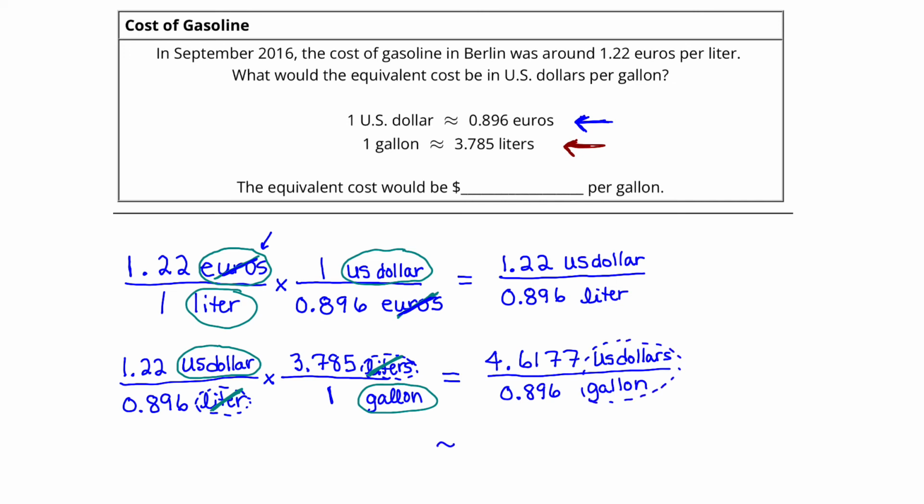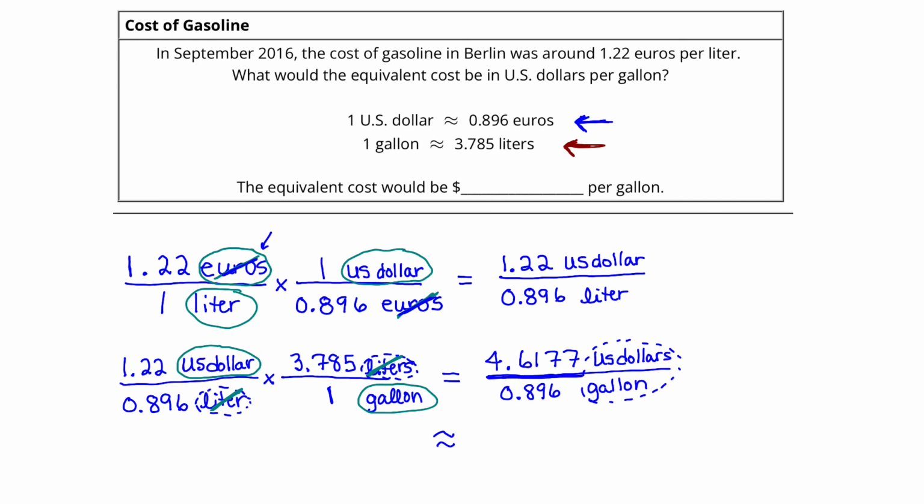So the very last step now is to use a calculator and divide. I'm going to take my 4.6177 and divide that by 0.896. How do I know division? Because, right, this symbol here is dividing. The fraction bar is dividing.